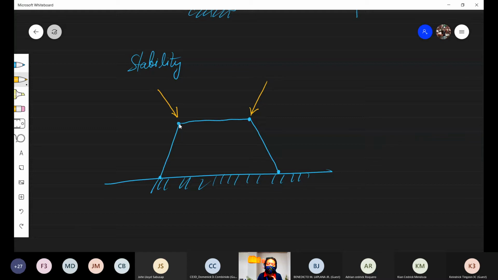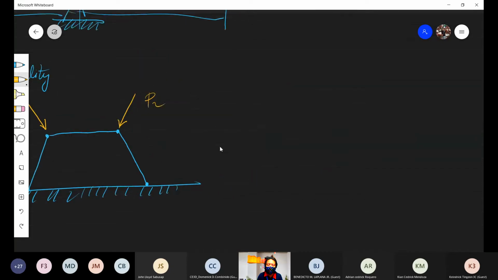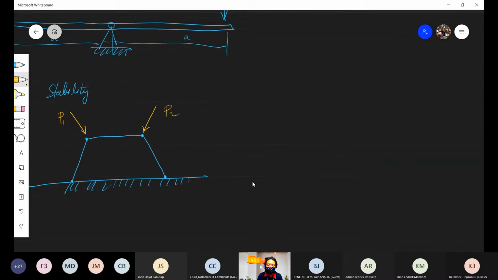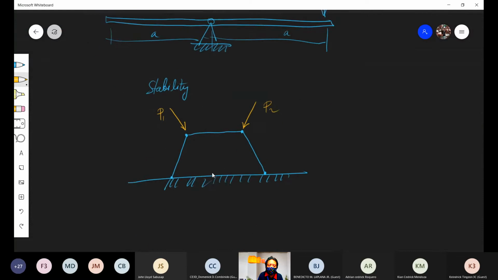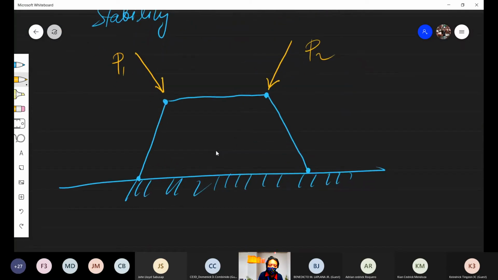If these forces, let's name them P1 and P2, change, then these points here will also change. Say for example, you increase the force P1. Let me use this one.